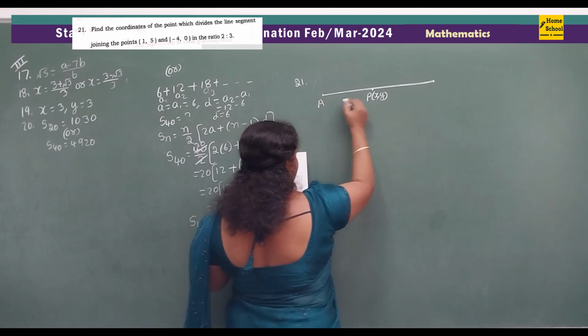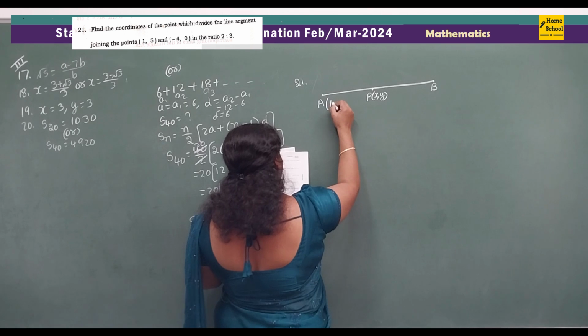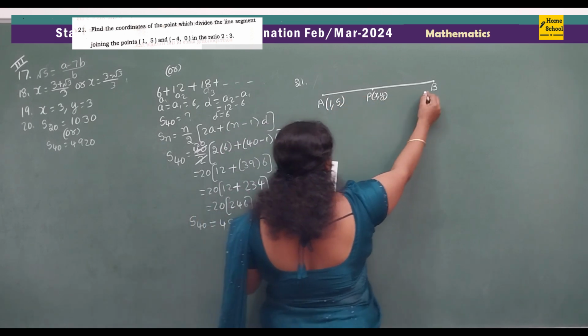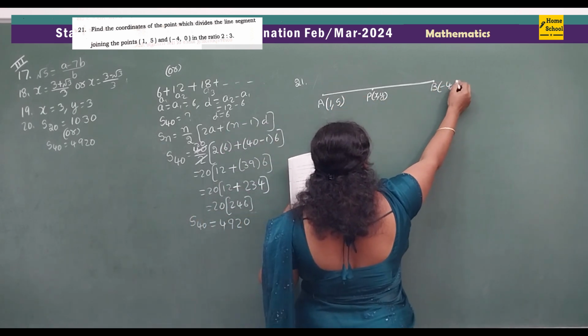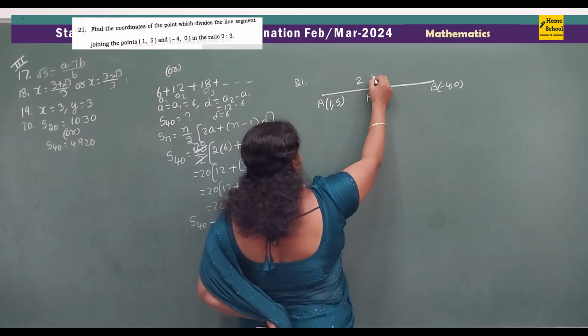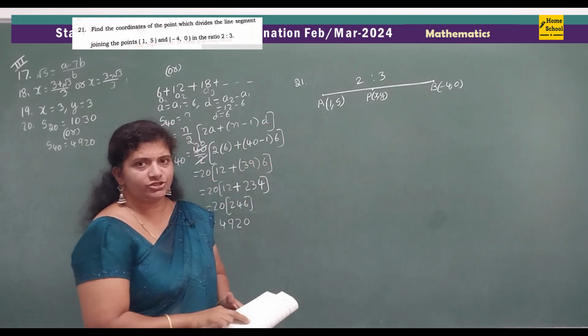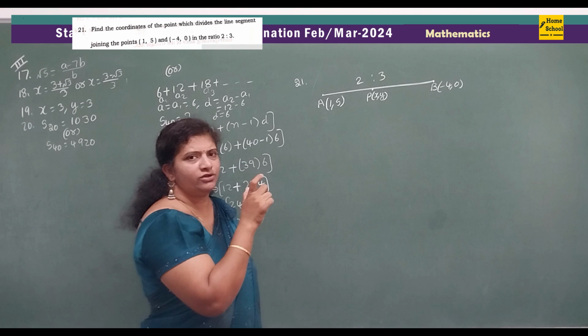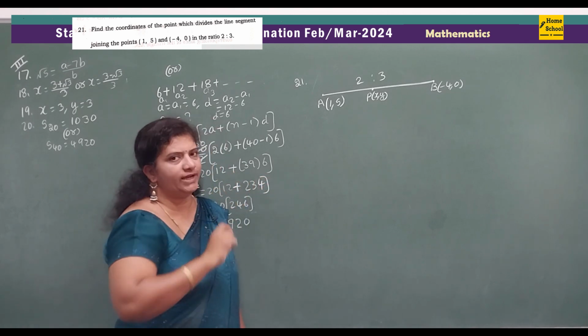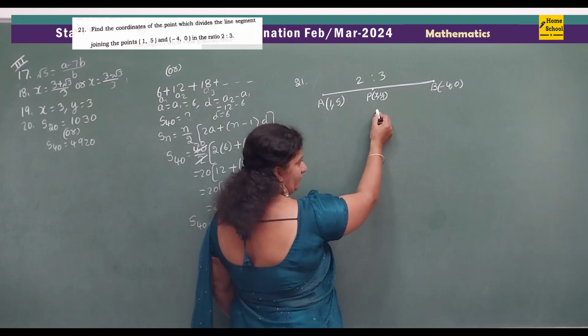Let me mark it as A, B. Joining coordinates are (1, 5) and (minus 4, 0), divided in the ratio 2:3. So like this you need to draw a line segment and you should understand. The point of division, this coordinate we need to calculate.